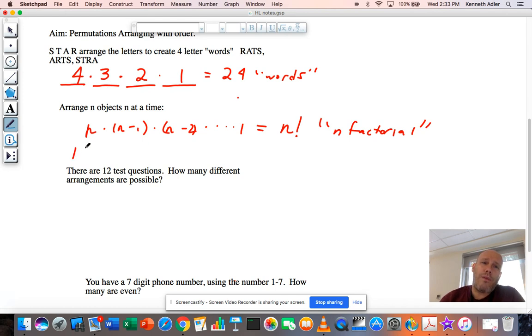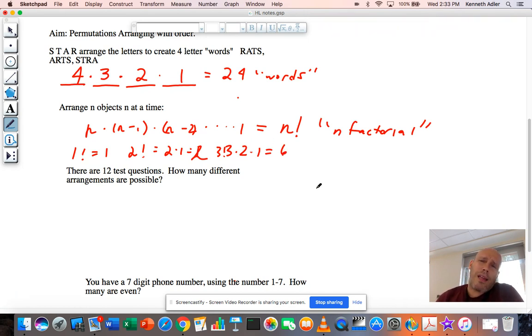So 1 factorial is 1. 2 factorial is 2 times 1, which is 2. 3 factorial is 3 times 2 times 1, which is 6, and so on and so forth.